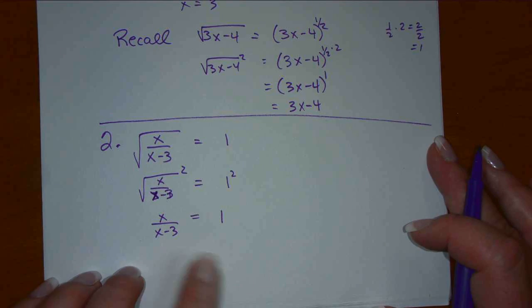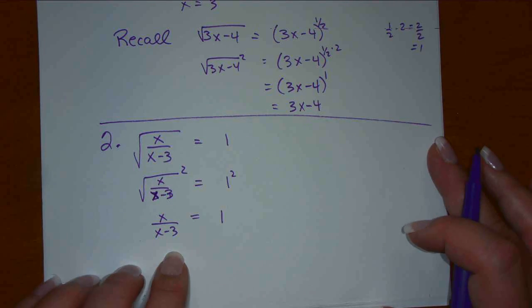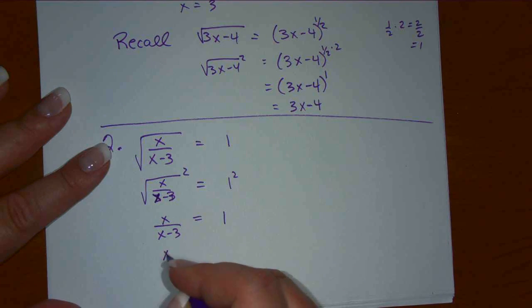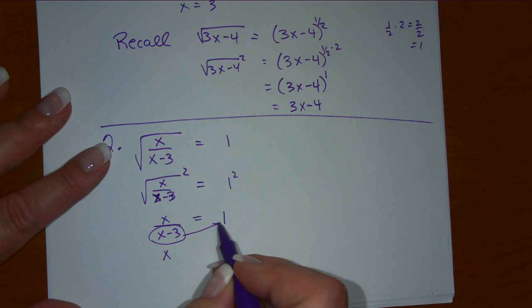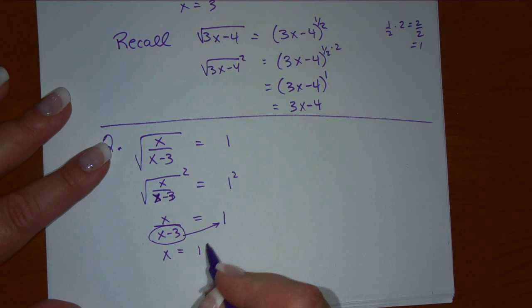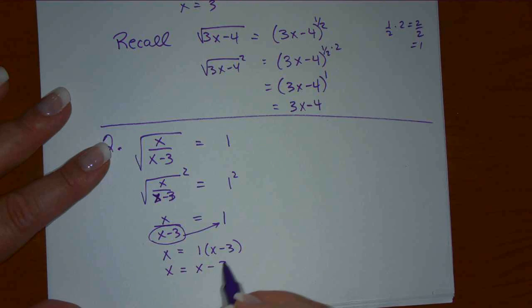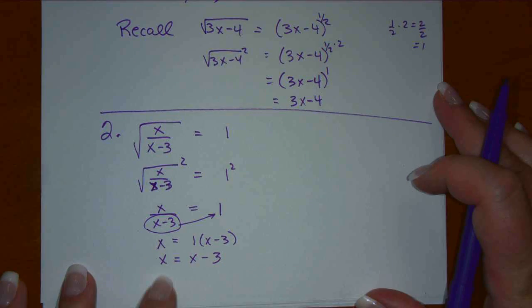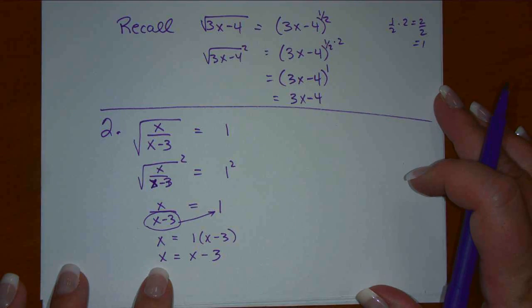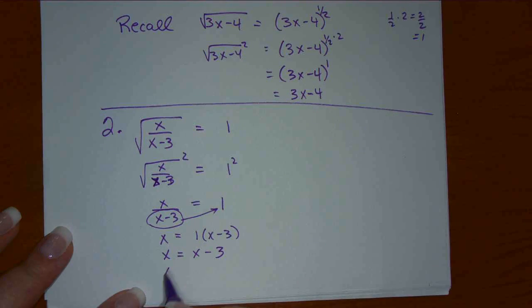We've got a fraction equals a number, so we cross multiply. So you're going to multiply the x minus 3 up on the other side, which is just times 1. Okay, so what happens here? X to the other side, and what's going to happen?